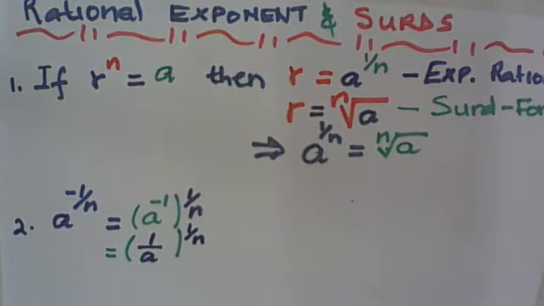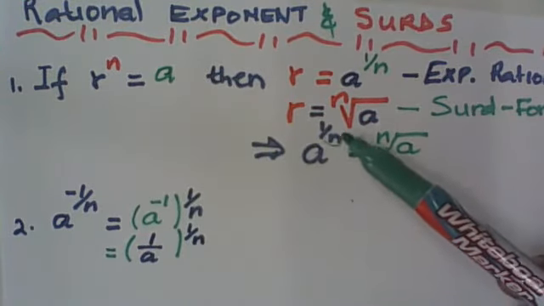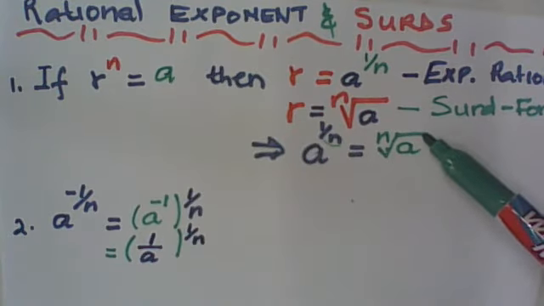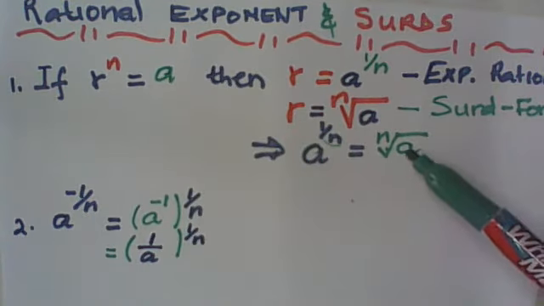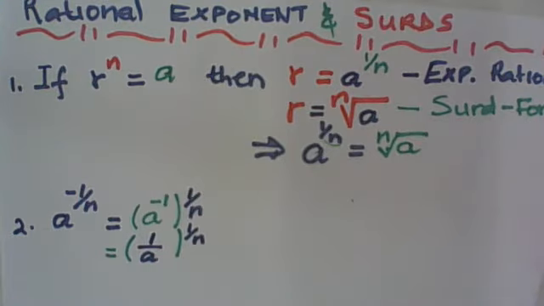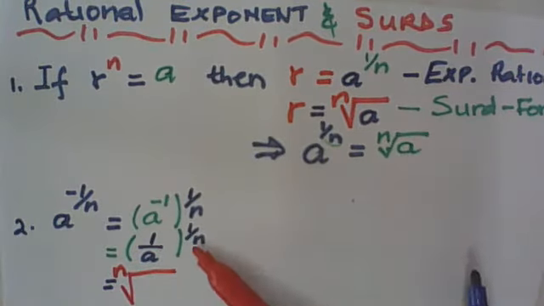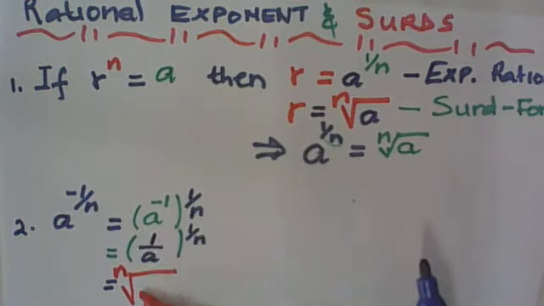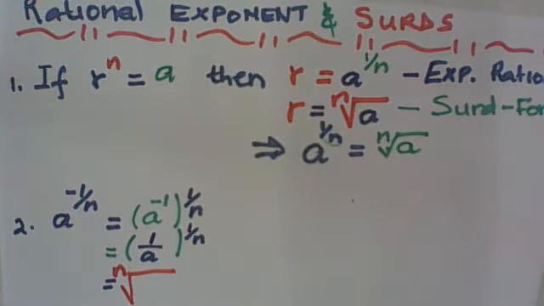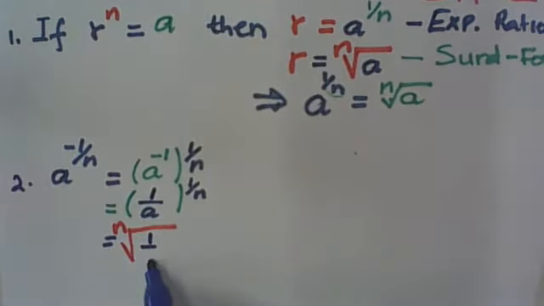And what do we know from this? If the exponent is 1 over n, that is the same as the nth root of that particular base. So here we are. This is the nth root of, what is the base? The whole thing is the base. Then it's 1 over a.